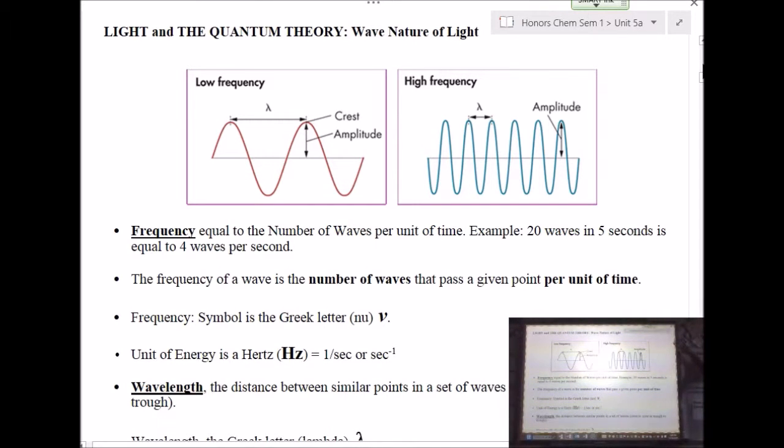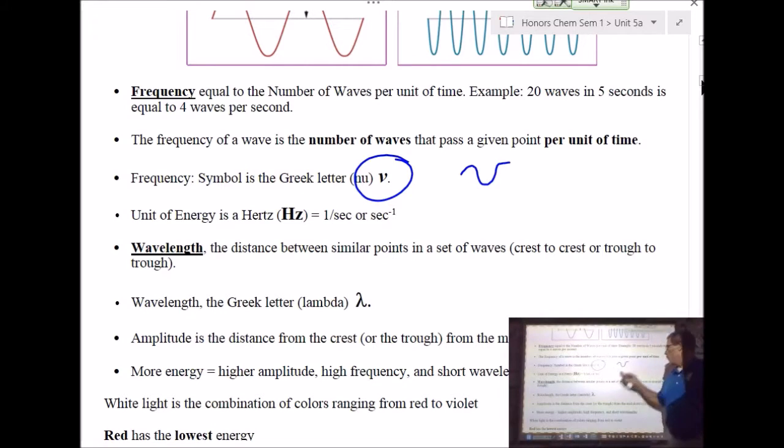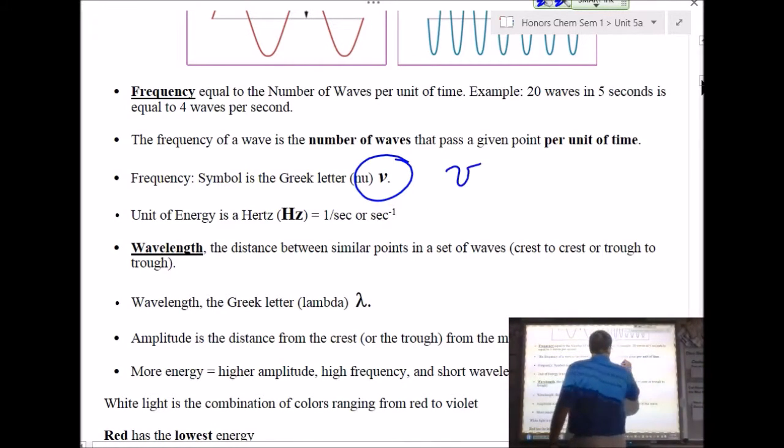Also, when we talk about hertz, the symbol that we'll be using looks like a V, and you'll see me represent it like that. That's the Greek letter nu, which looks like a V to you and me. So that represents frequency. And again, the unit for frequency will always be in 1/seconds.